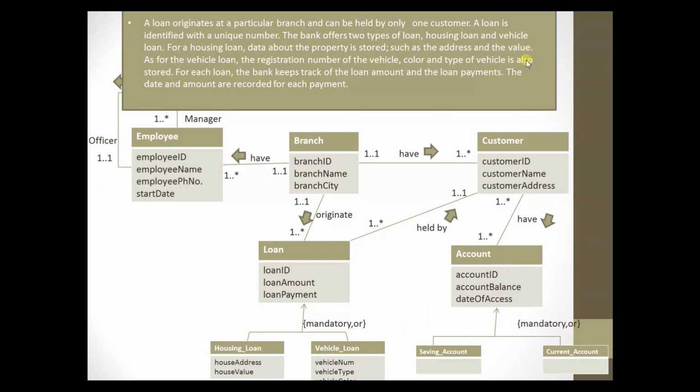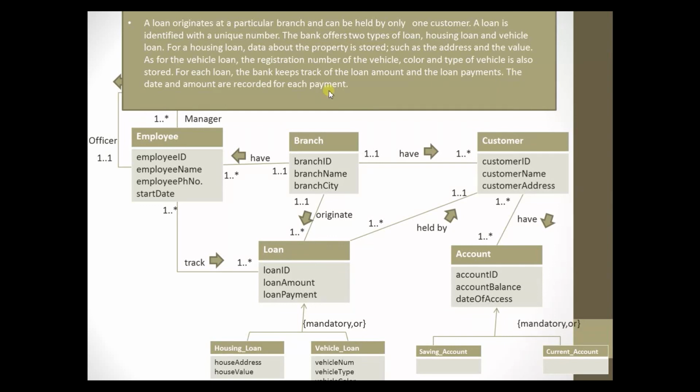So next, continue. For each loan, the bank keeps track of the loan amount and the loan payment. So we put here loan amount and loan payment, and the date and amount are recorded for each payment. So we create a new relationship between the employee and the loan. The employee keeps track of a loan. So here the multiplicity is one loan can be tracked by many employees, and one employee can track many loans.